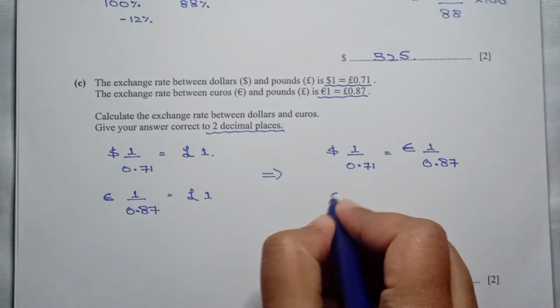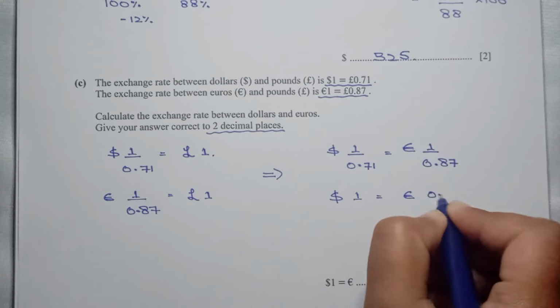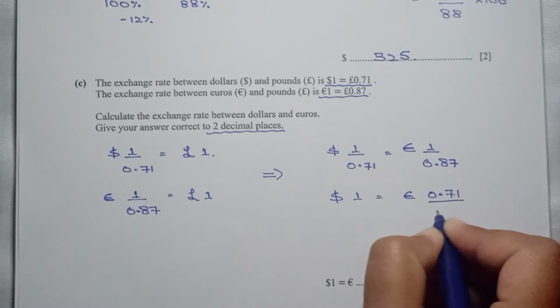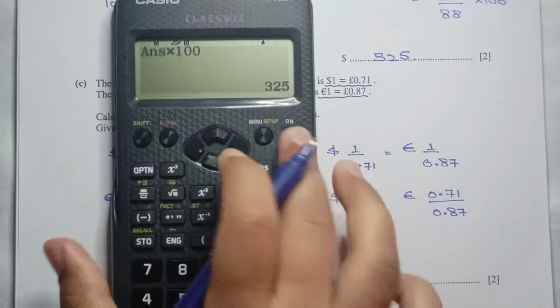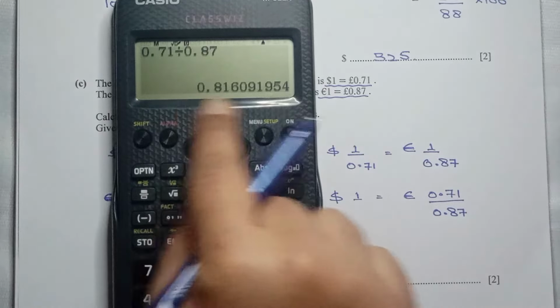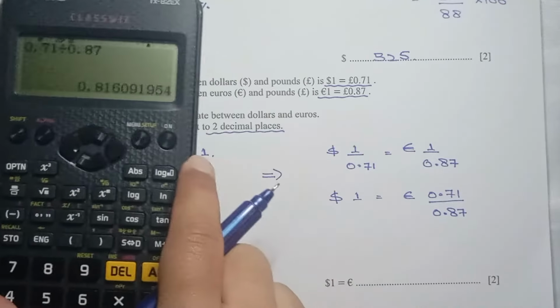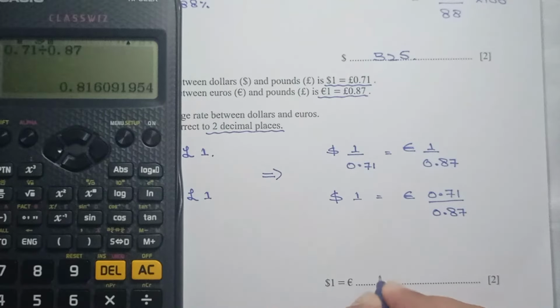So $1 equals 0.71 divided by 0.87 euros. Let me do it: 0.71 divided by 0.87 is 0.816 euros, and we need to write our answer to 2 decimal places, so it would be 0.82.